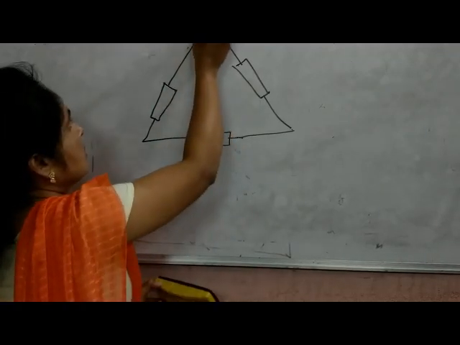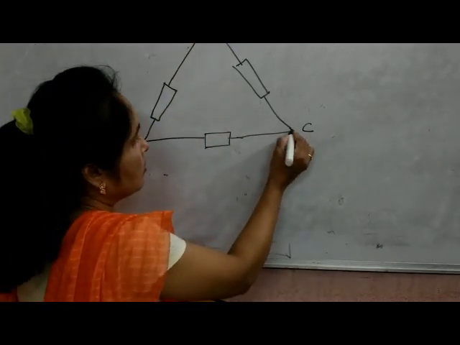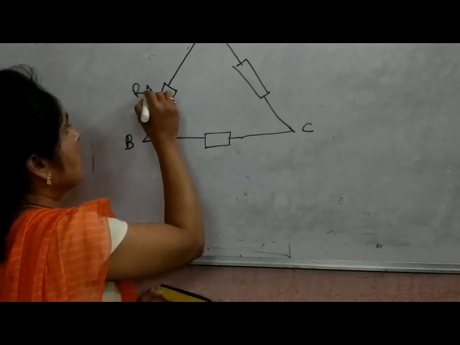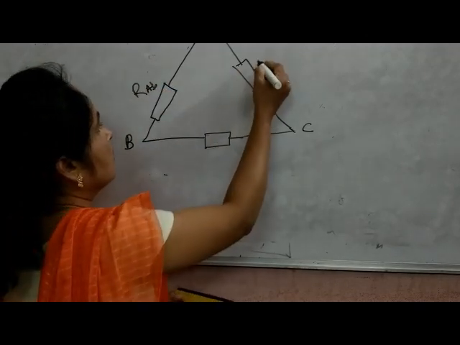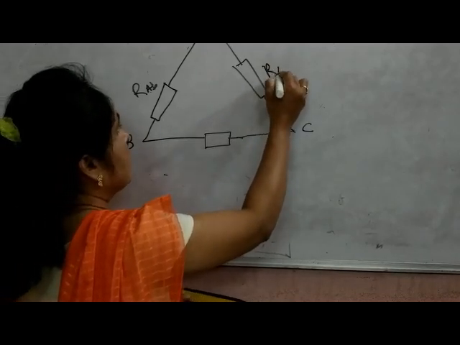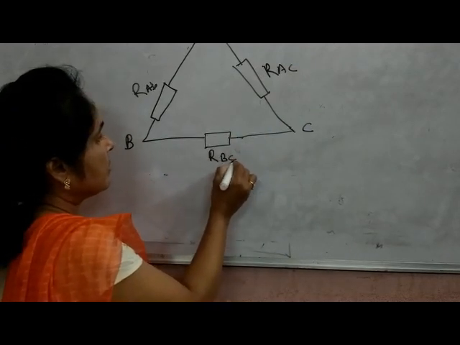So this is A, B and C. Here is R, A, B, here is R, A, C and R, B, C.